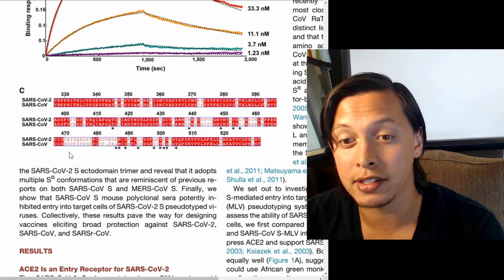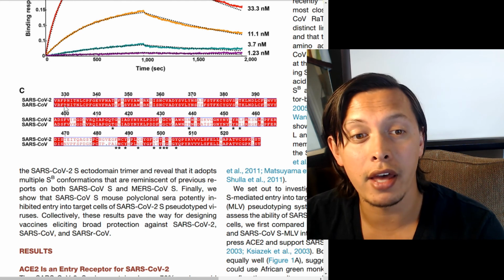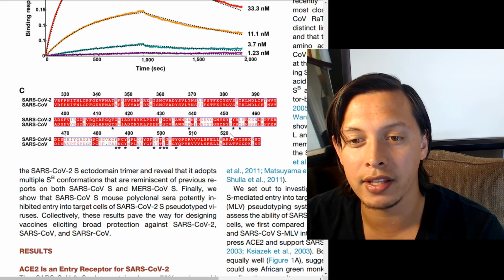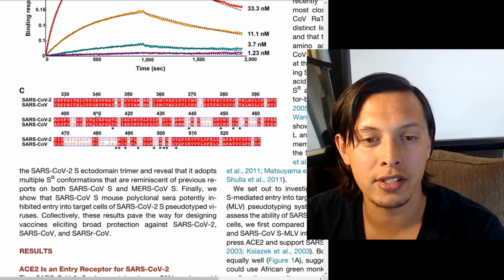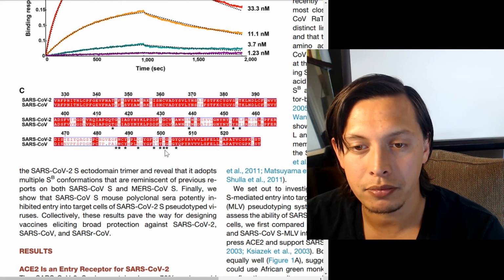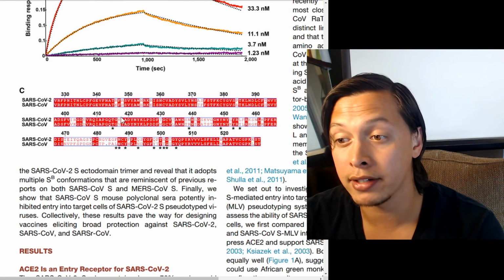And it's more mutation prone than outside of this area. So here outside the area, a lot of red. Here outside the area, a lot of red. And here within that area, you have a lot of white, or a lot more white than the other areas.